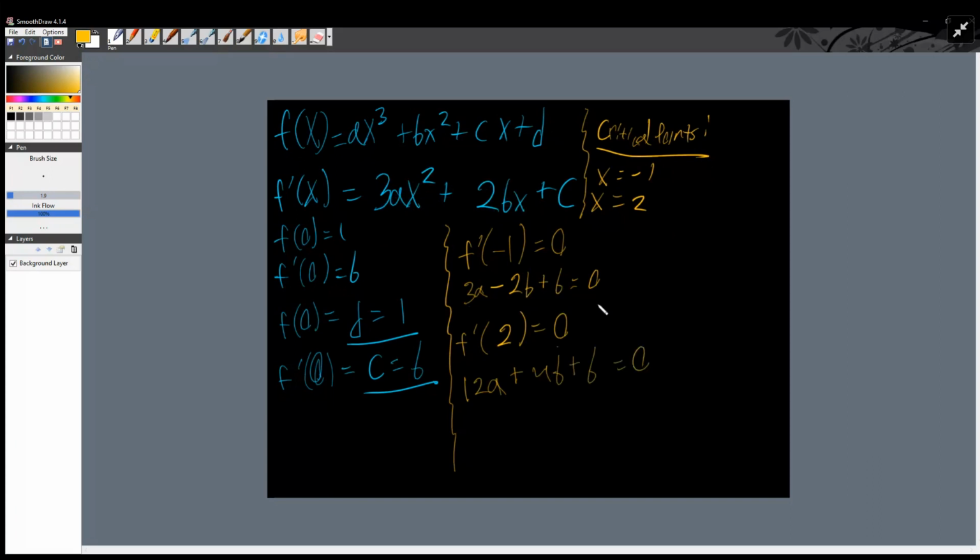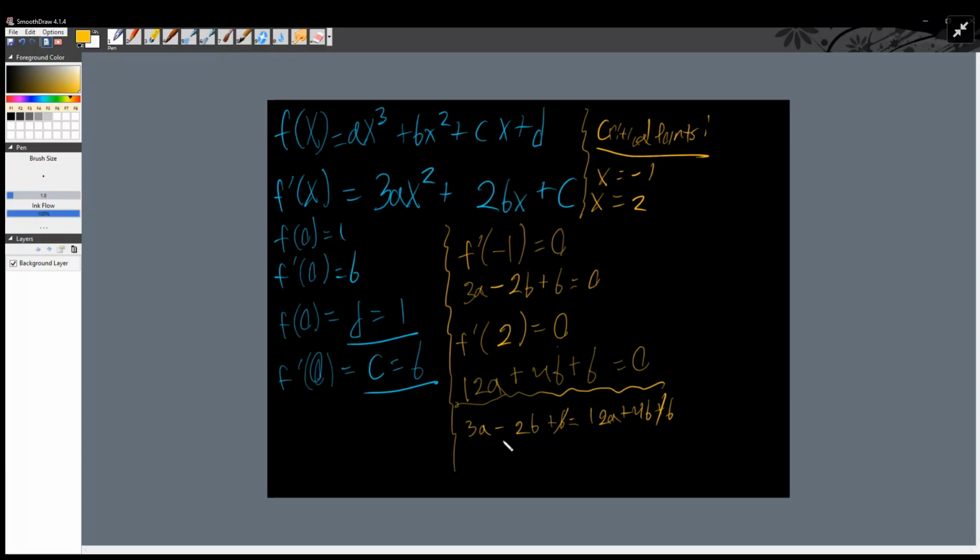Here's the thing. This is just a question of constants. So we're going to set these two equations equal to each other. What we find is that 3a minus 2b plus 6 is equal to 12a plus 4b plus 6. We can cancel out the 6's. What else should we do?